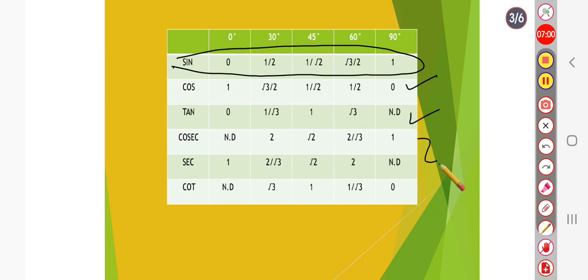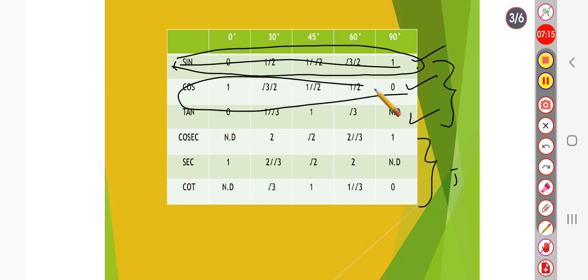Similarly, these three can be easily jotted down with the help of these three. So the only thing which you need to remember is the sine value pakka, right? If you are pakka with the sine value, then easily you can write the cos value by just writing the sine value ulta, right? This one will come here, this root 3 by 2 will come here, this 1 by root 2 will come here, 1 by 2 will come here, 0 will come here.